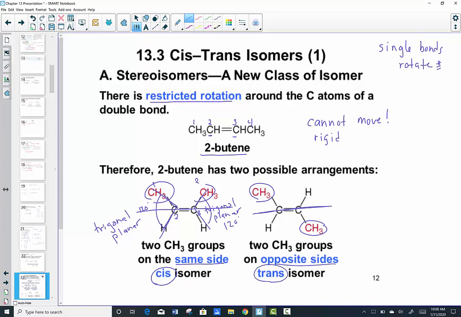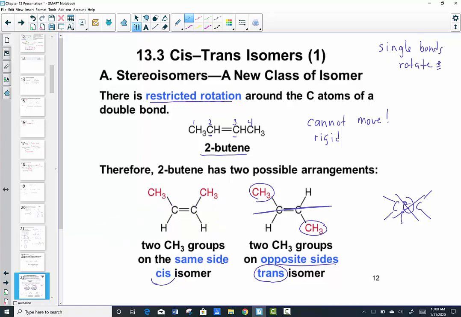Now remember, when I say cis and trans, if we think of this bond as being single, we might want to think that we're just twisting the molecule. I cannot twist, cannot do this to turn a cis into a trans. It's impossible to just twist and get one to convert to the other because it's a rigid bond. It does not rotate. So to convert a cis to a trans, I have to break this bond and relocate those groups. And so that does not happen, right? You just can't twist to convert.